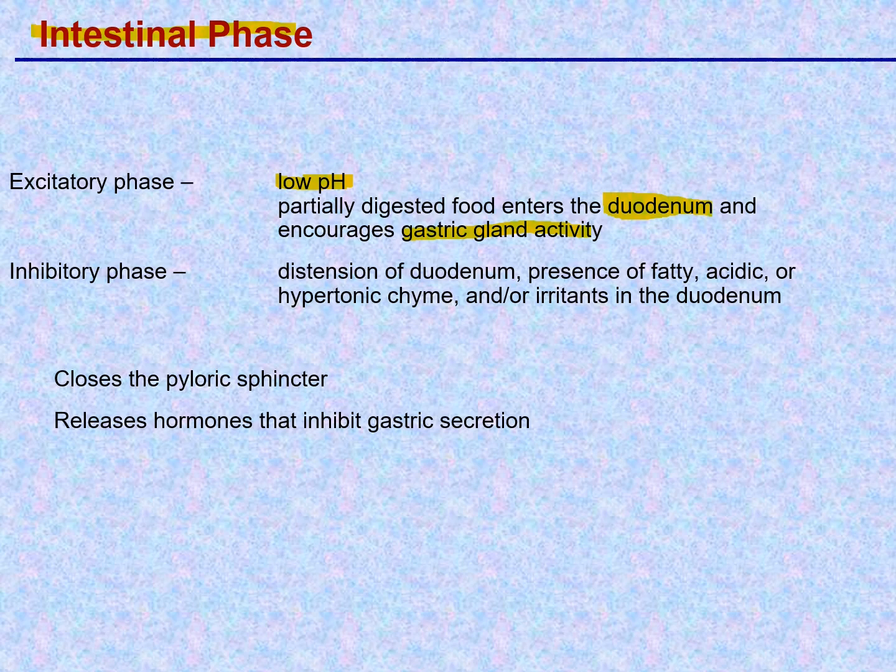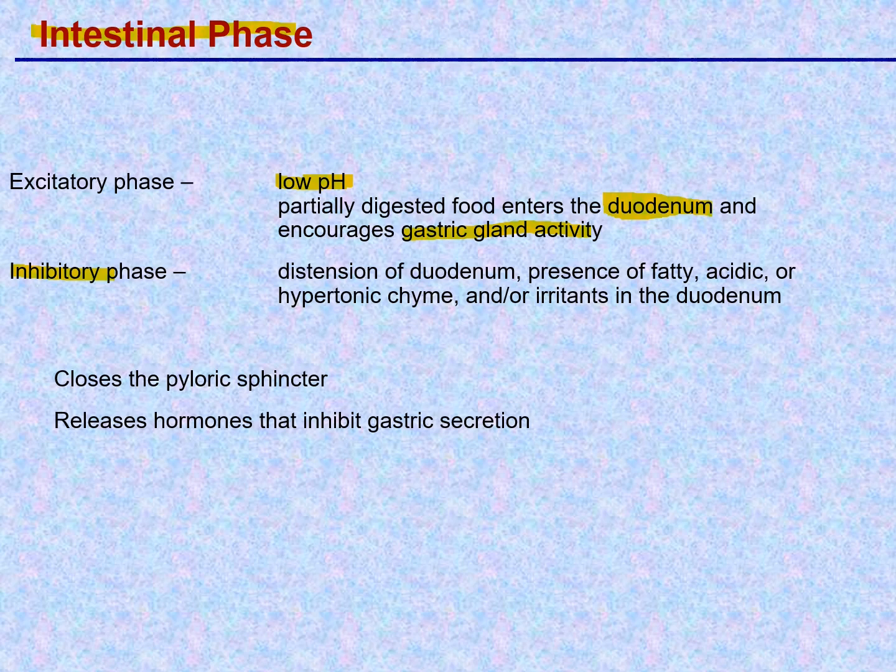So if the duodenum is full and hasn't been able to process that material yet, then you get inhibition of the intestinal phase. So the activity in the stomach will slow down. It won't get excited again or upregulated again until the duodenum empties partly.